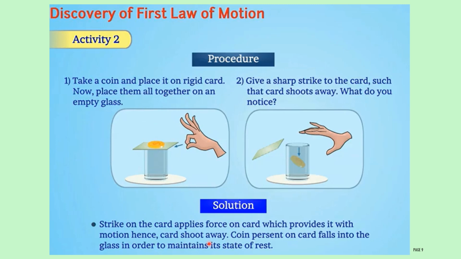Hence, when the card shoots away, the coin present on the card falls into the glass in order to maintain its state of rest, because you are applying a force only on the card, not on the coin. The card shoots away, but the coin has to maintain its state of rest, therefore it moves down. These are the best examples of Newton's first law of motion.